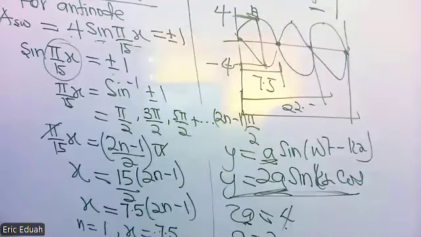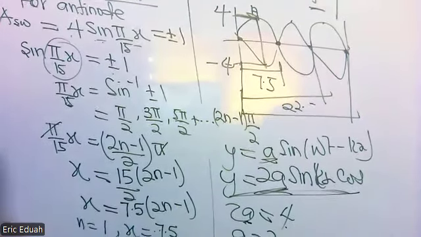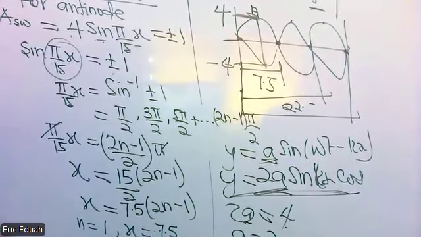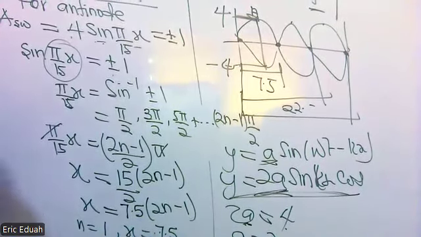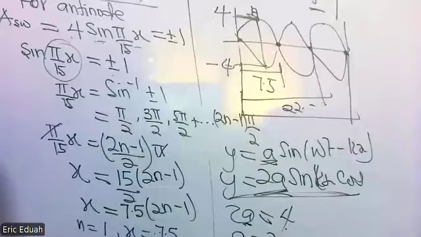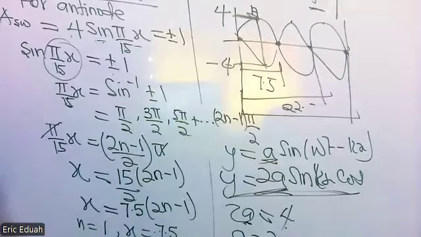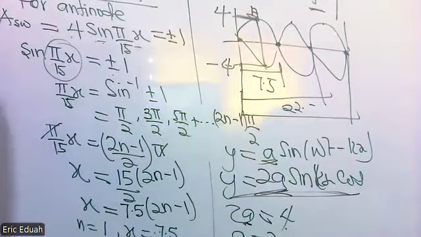Or what is the amplitude of the two progressive waves? So 4 refers to the amplitude of the stationary wave, but this will be plus or minus 4. And then the amplitude of the two progressive waves that interfered will be plus or minus 2.